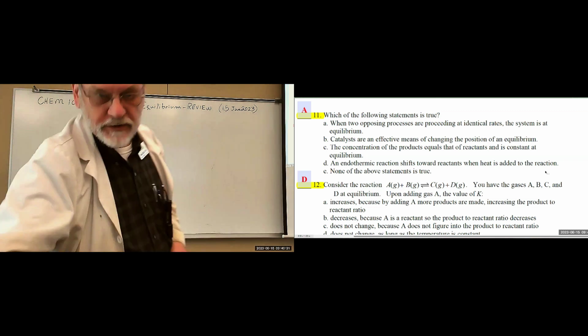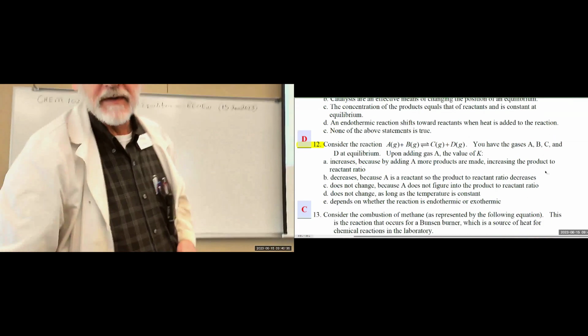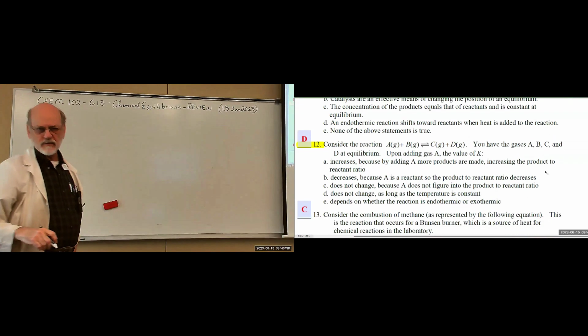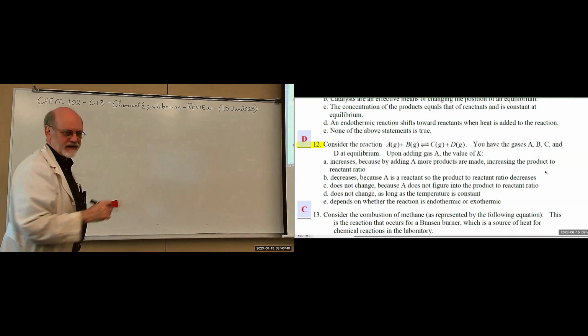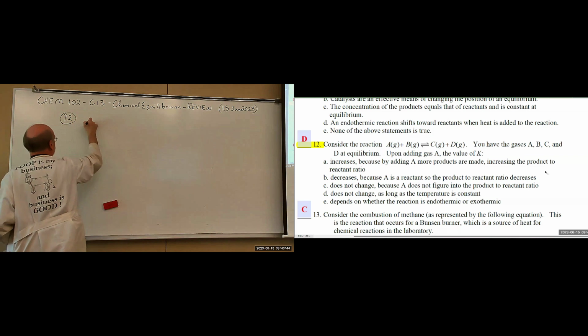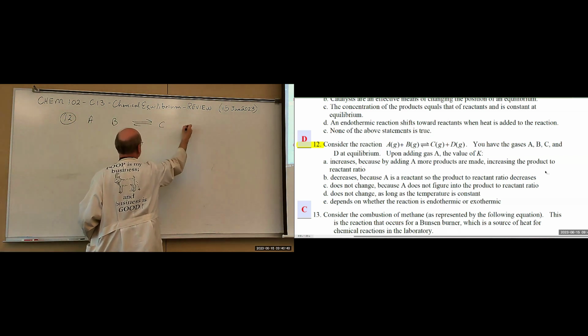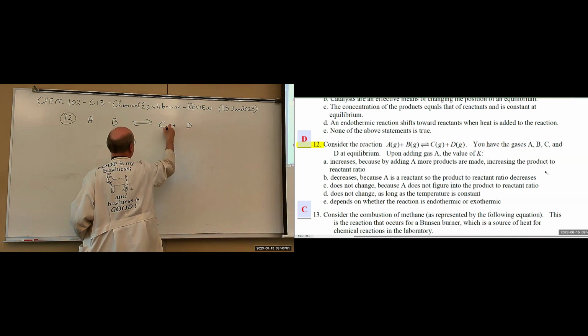12. Let me scroll just a hair. Get that one on screen. Okay, consider this one. Can I write this one all right? A, B, C, and D. They're all gases, correct?